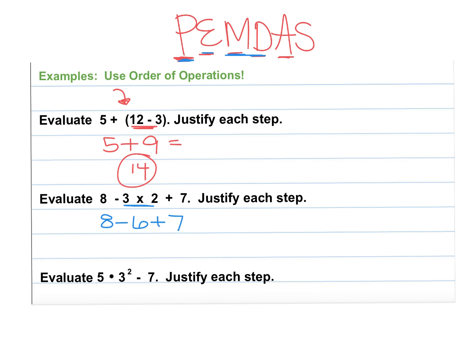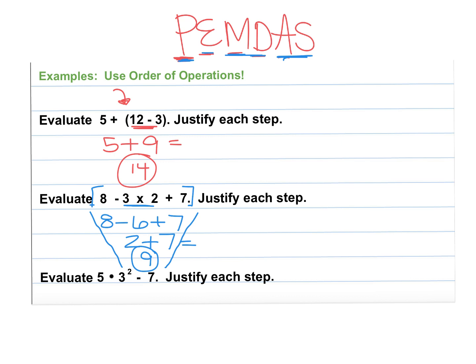So now I'm on addition and subtraction, and I solve left to right. My subtraction comes first. So 8 minus 6 is 2 plus 7. So I'm still rewriting everything. 2 plus 7 is 9, and then I circle it. So I think it's great when you write the problem first, and then you rewrite every step, and eventually it's going to get smaller and smaller down to your answer where you will circle it.